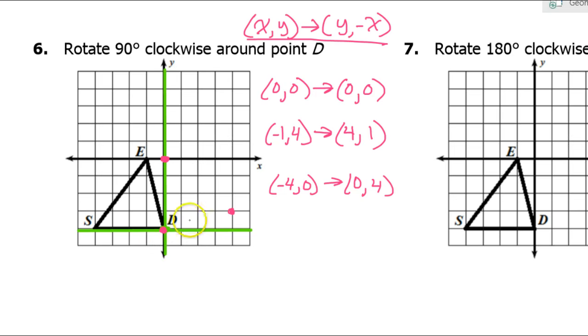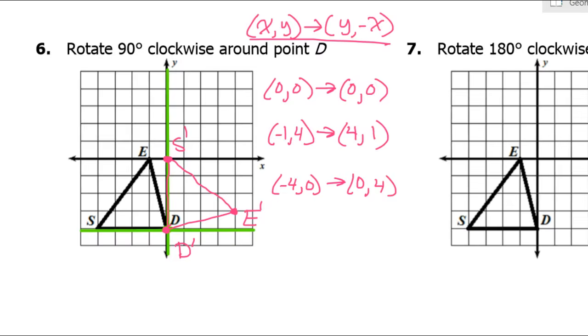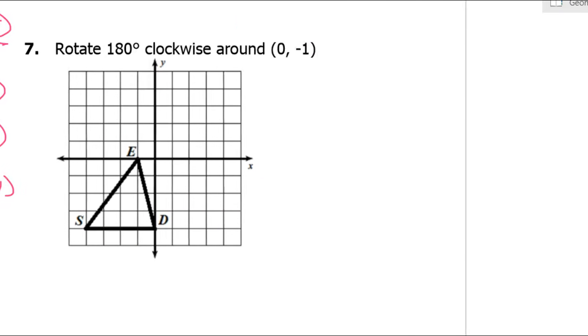All right, so let's just draw those in. So this point is D prime, and this point is S prime, and this point is E prime. All right, let's practice that again.